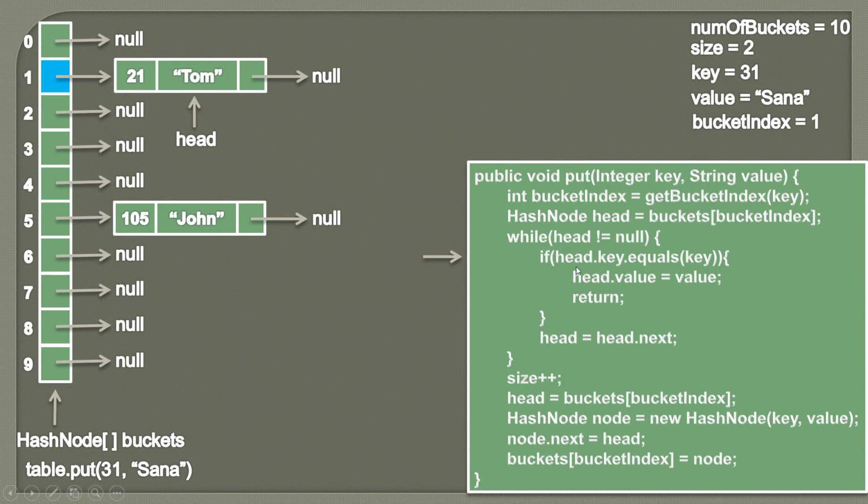So in the while loop we check whether head dot key, which is 21, is equal to 31 or not, which is the key which we want to insert. So this condition comes out to be false because 21 is not equal to 31. It means this key value pair is not present for this node.